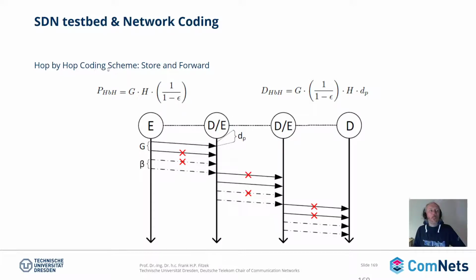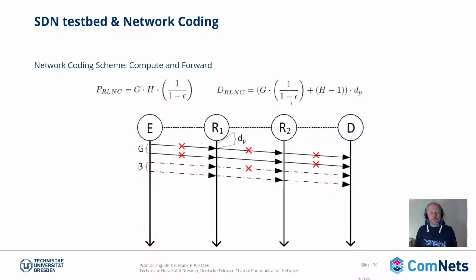If you make a hop-by-hop coding scheme, where you can use any coding for that, for example, Reed-Solomon, you will just send from the encoder to the first relay, and the relay will fully decode it and then encode it again for the new given error probabilities, and then you will see that now the number of packets will be reduced and the delay can also be calculated here. That is something, as I said, ComNets 1 material.